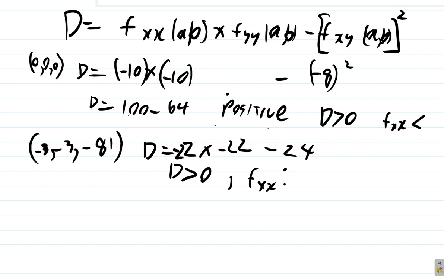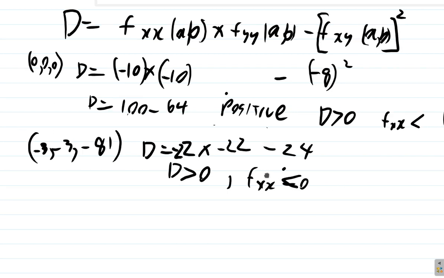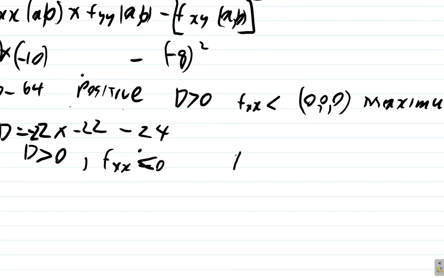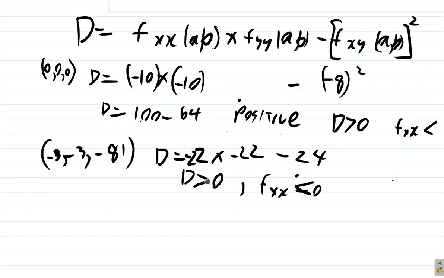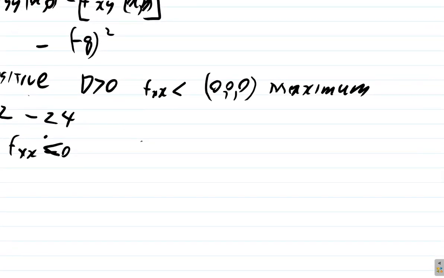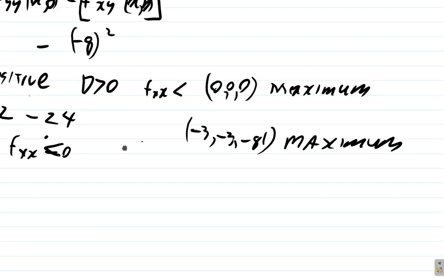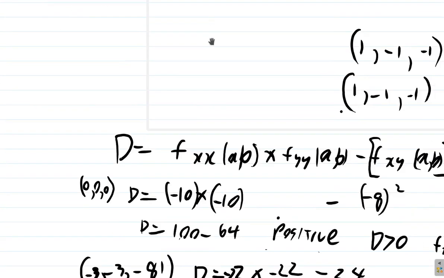Fxx is negative, less than 0. So we can see that this is also a maximum point. So here, let me write it completely. Negative 3, negative 3, negative 81 is also a maximum point.